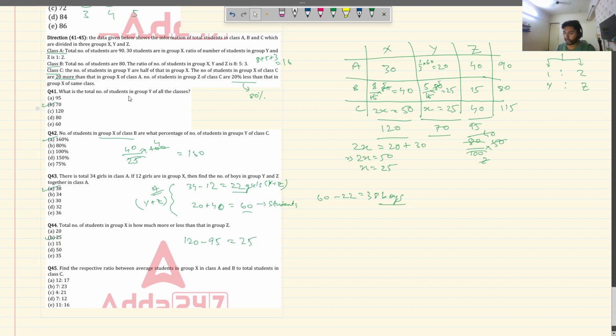Find the respective ratio between average number of students in group X of class A and B, to the total number of students in class C. The average is 30 plus 40 by 2, 70 by 2 is 35. Class C's total number of students is 115.